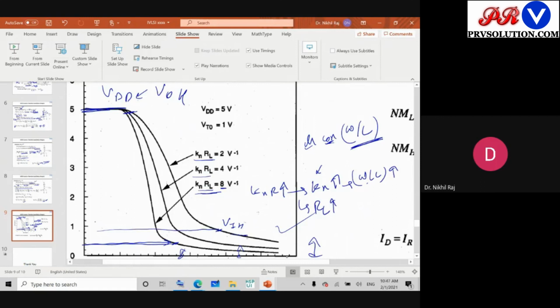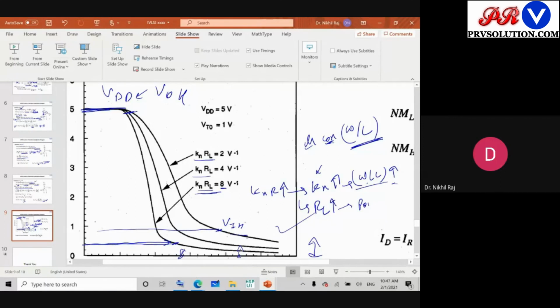However, if I increase W by L, we are going to large device dimensions. Large device dimensions mean lower packing density, and comprising a large number of transistors on a single chip will not be valid. So this will be a problem. Alternately, if I use high RL, what will happen?